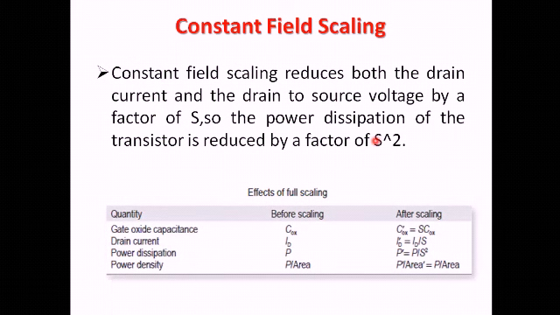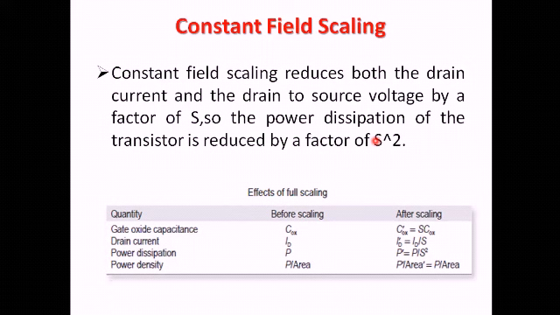This significant reduction of the power dissipation is one of the very important, attractive features of the full scaling. We find that the power density per unit area remains virtually unchanged for the scaled devices.